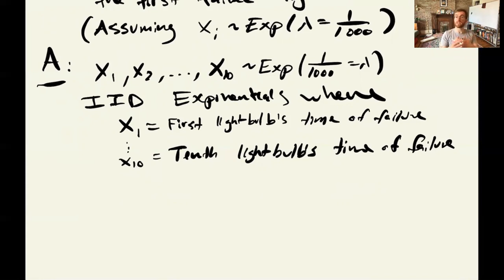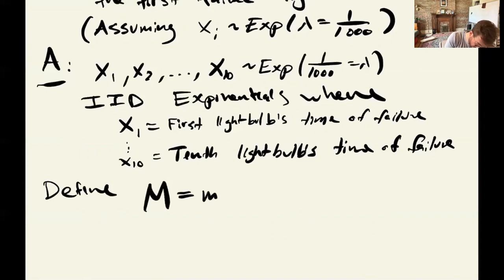That earliest failure is the same thing as the minimum. So define M, which is a new random variable, defined as the minimum of this collection of random variables. It's the minimum of x1, x2, all the way up through x10.